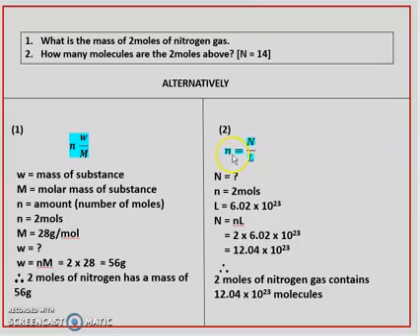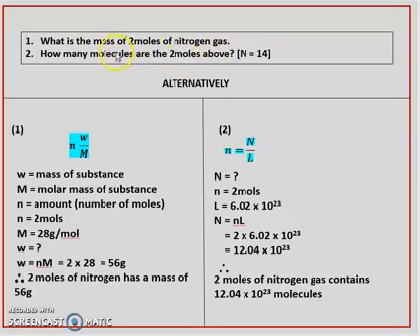Then the second question can also be solved using a formula. This formula, n equals capital N over L. Small letter n remains the number of moles. Capital N is the number of particles we are looking for, whether the particle is an atom or molecule. N represents the particle in question. Then L represents the Avogadro's number, which is a constant, 6.02 times 10 raised to the power 23. So the question says, how many molecules are in the 2 moles above?